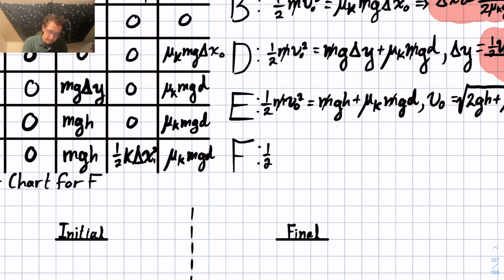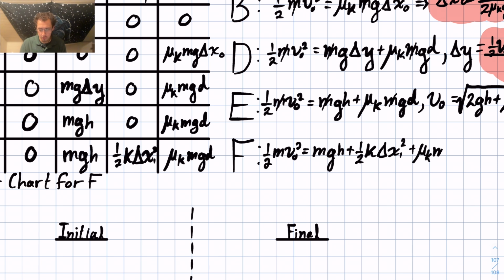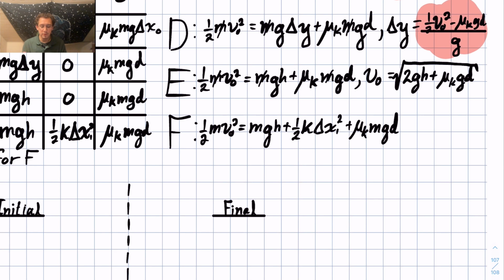1/2 m v naught squared is going to equal mgh plus 1/2 k delta x1 squared plus mu k mgd. In this case, you can't cancel out m, but we can divide by m anyway.